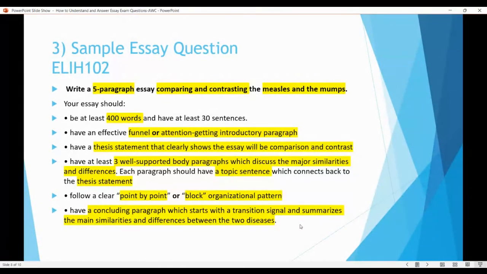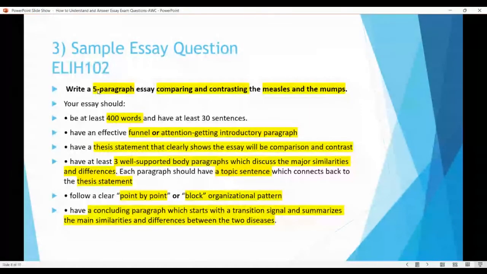Okay, now let's have a look at the third sample essay question. Write a 5-paragraph essay comparing and contrasting the measles and the mumps. In fact, I was giving examples of this actually. Comparing and contrasting again.